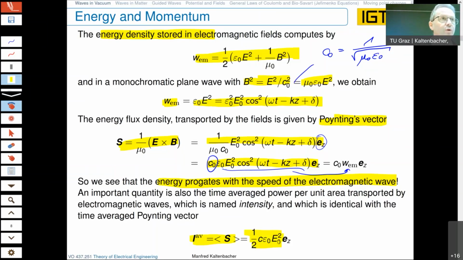We could also rewrite it by the root mean squares. Although these are simple steps, this is very important information: the energy also travels with the speed of our wave.